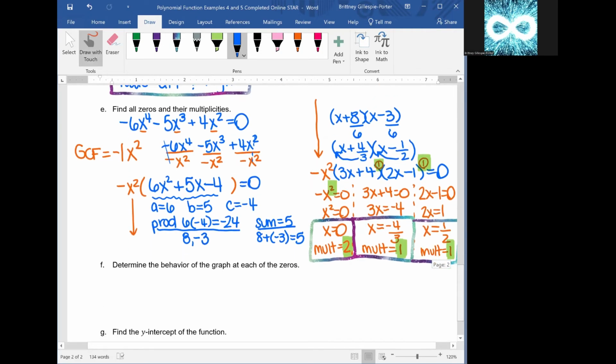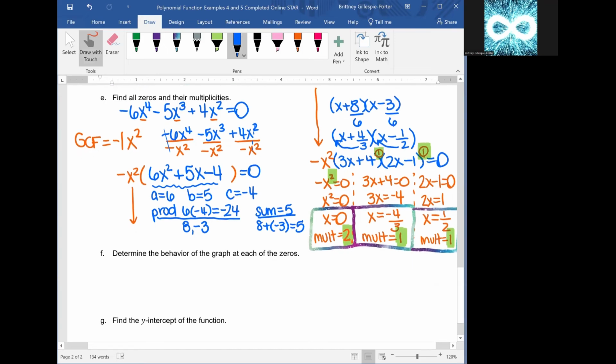Now that we found the x-intercepts and their multiplicities, we can determine the behavior of the graph at the zeros. Remember, this is not end behavior. We already did that. That's rise and fall to the left and right.